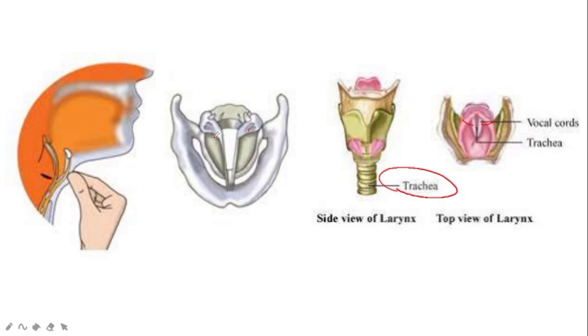The two vocal cords are stretched across the voice box in such a way that they leave a narrow slit between them for the passage of air. That means we can find a narrow slit between these two vocal cords. Why? Because it allows the air to pass through.